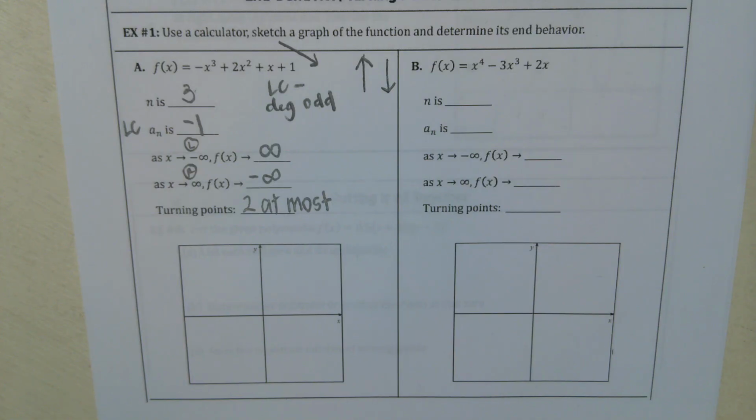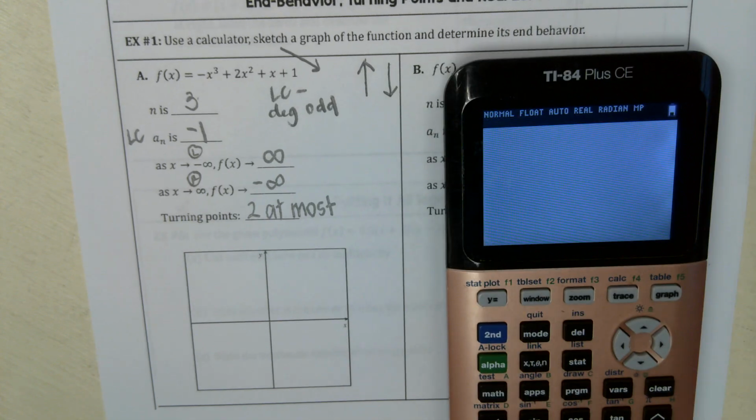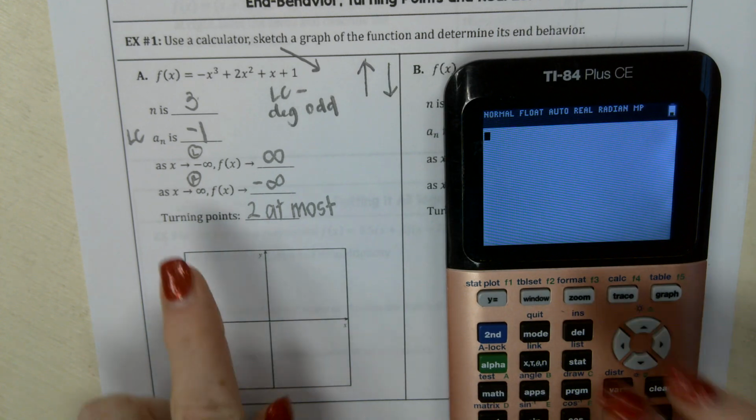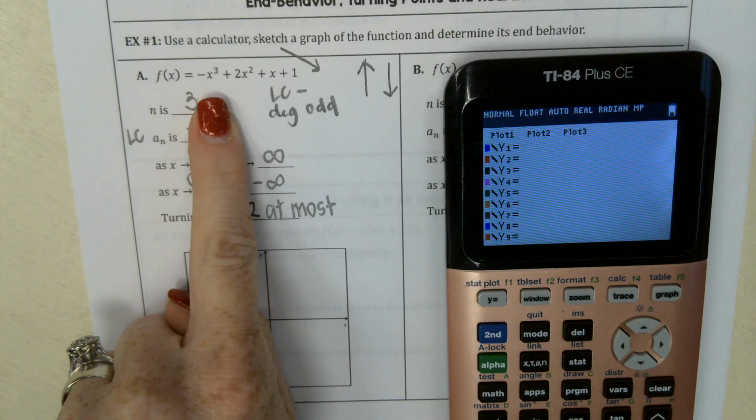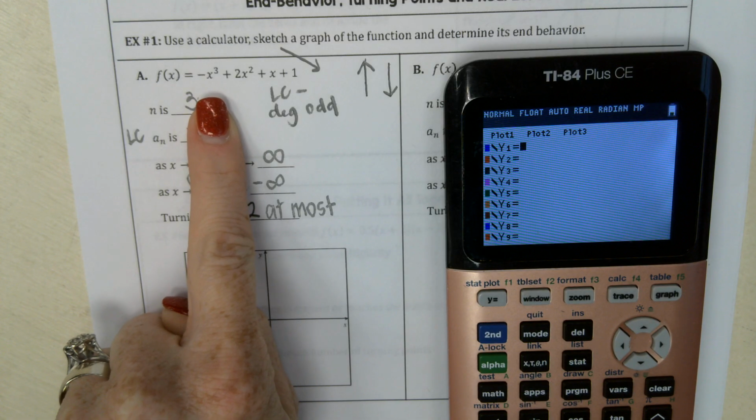All right. So if I'm going to sketch this graph, this is what I want us to do. If I'm sketching, I still want to use my calculator. I'm going to go to y equals, or if you have Desmos, in a little bit you can pull out Desmos. I'm going to type in negative.